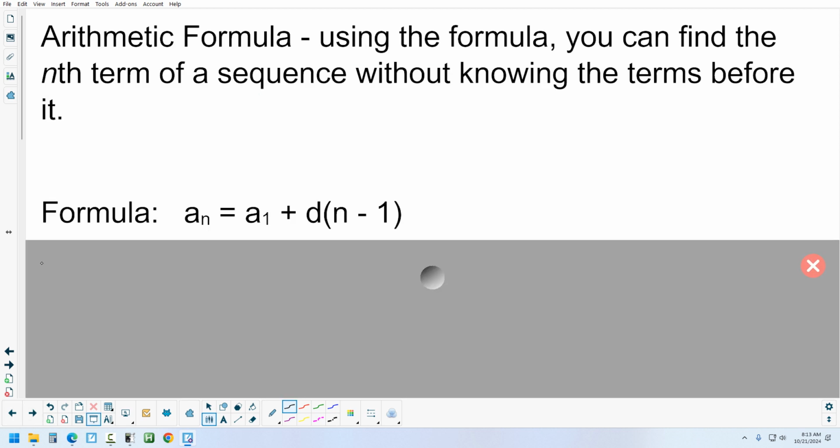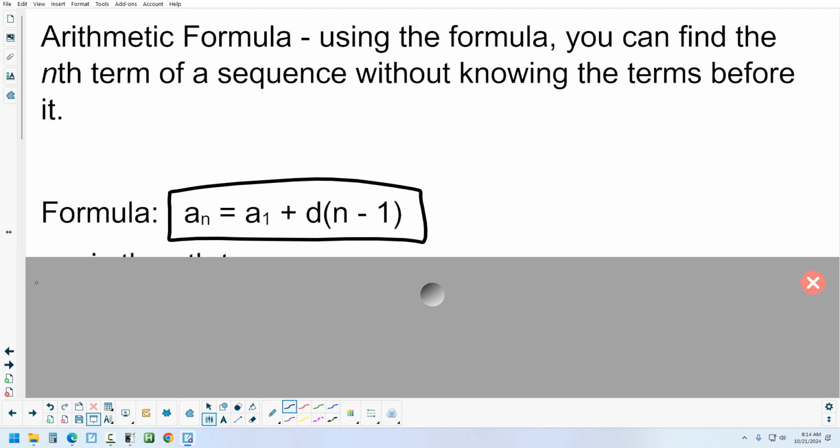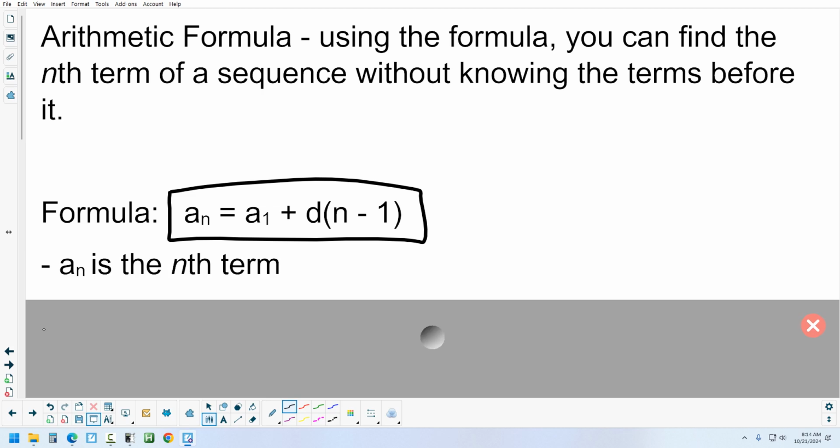Okay, so that is the formula, which I think you guys have printed, that you're going to need to know. So what does all this stand for? A sub n, right? This little subscript right there, that stands for the position. So like if you wanted to know the number in the 5th spot, that's the notation you would use.